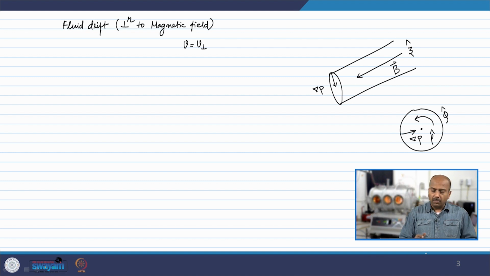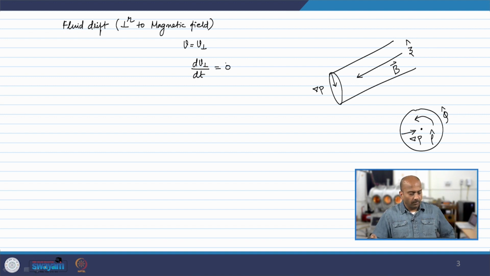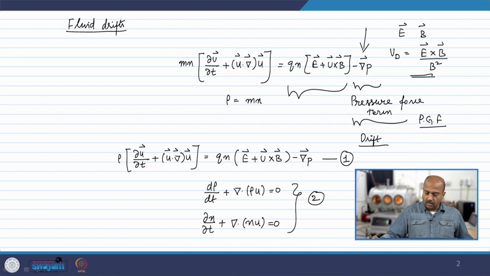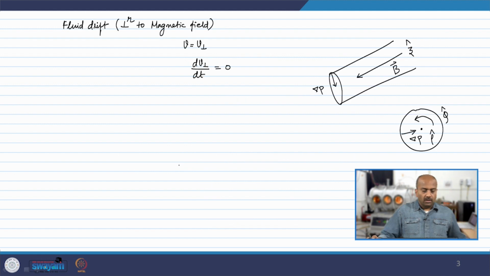So, when v perpendicular is very small compared to the cyclotron motion of the particle, we can write dv perpendicular by dt to be equal to 0. So, the convective term in the total derivative, if you go back and see, this term becomes very small in comparison to the other term.